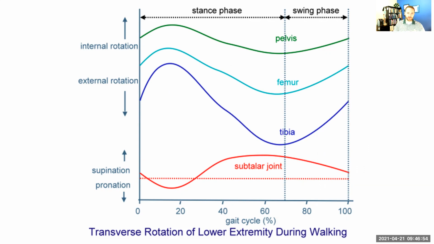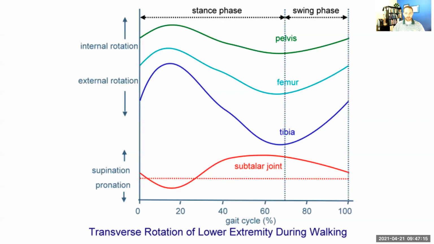Then as we begin to move into pronation, right, we see that internal rotation continue. And then as we start to move out of pronation and into supination, we begin to see an external rotation, which again matches with what we've talked about thus far.